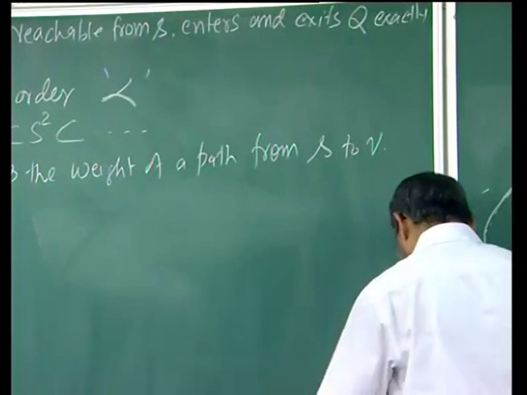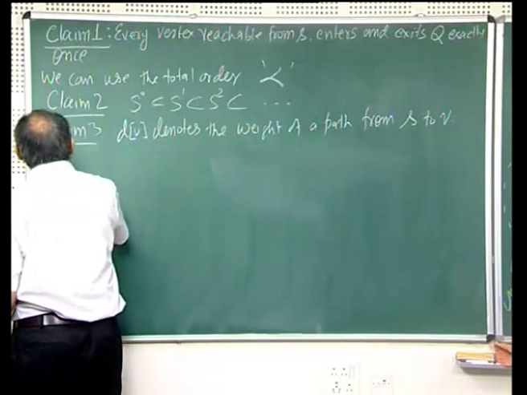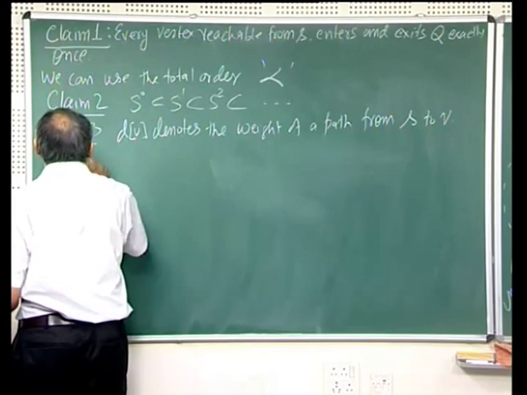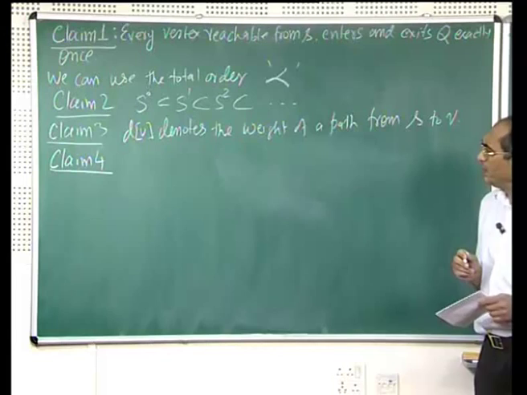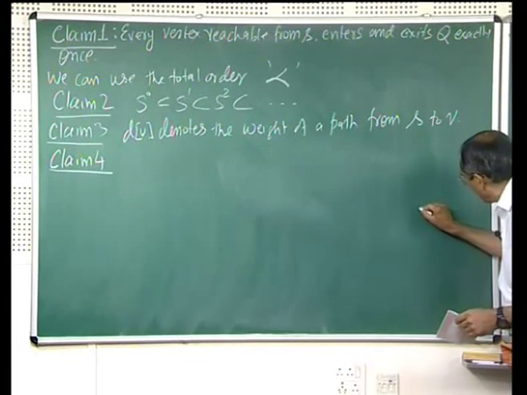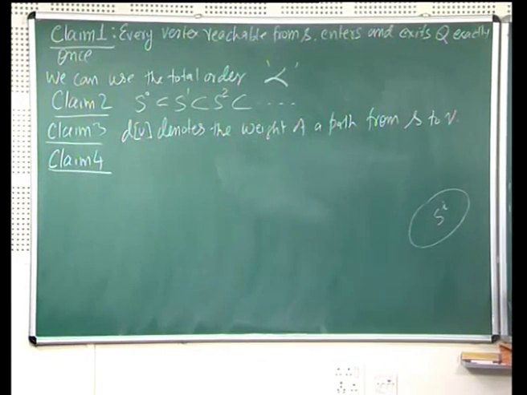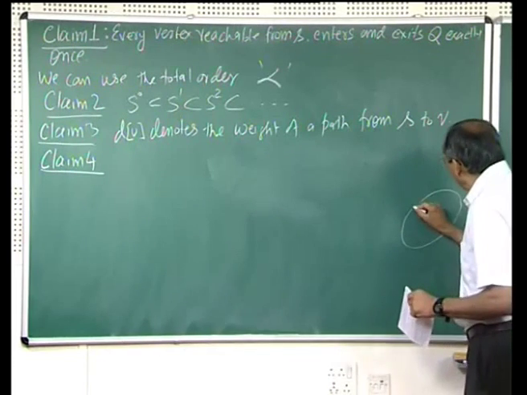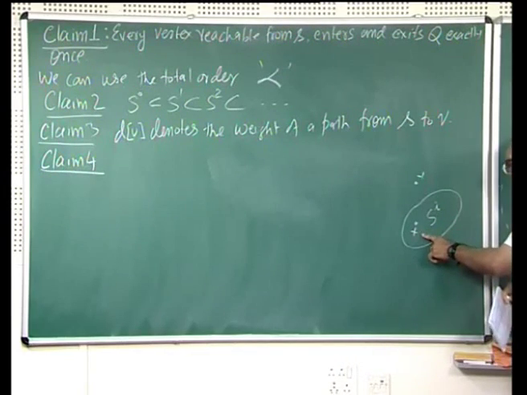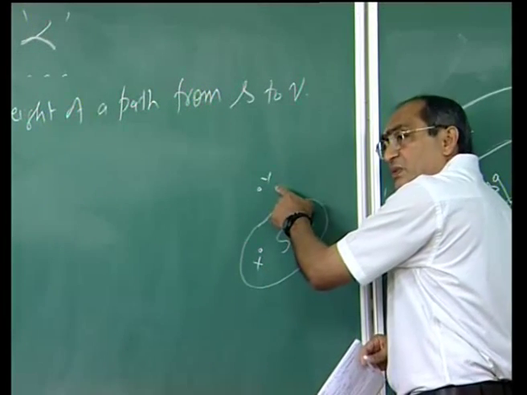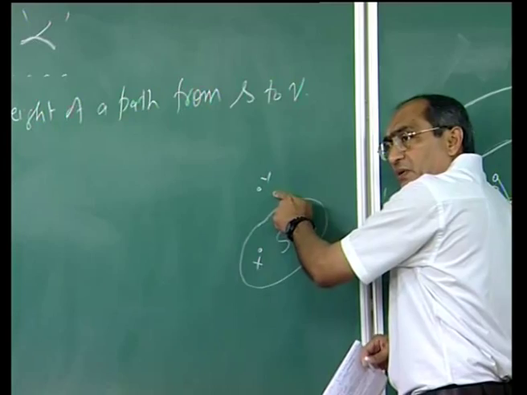So, that holds. Now, I would like to make a slightly non-trivial claim, claim 4. So, to describe this, let me just go back to the picture. We have Si here. This is the picture after ith iteration. For any vertex x inside Si and any vertex y outside Si, we claim that the d value of x is always less than or equal to the d value of y.